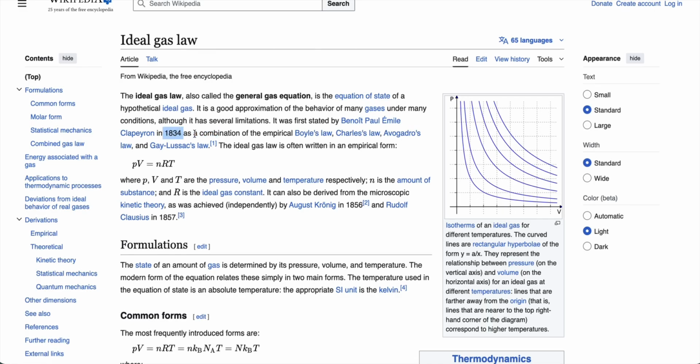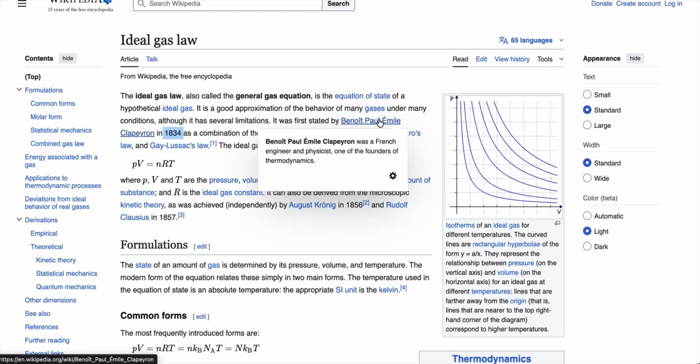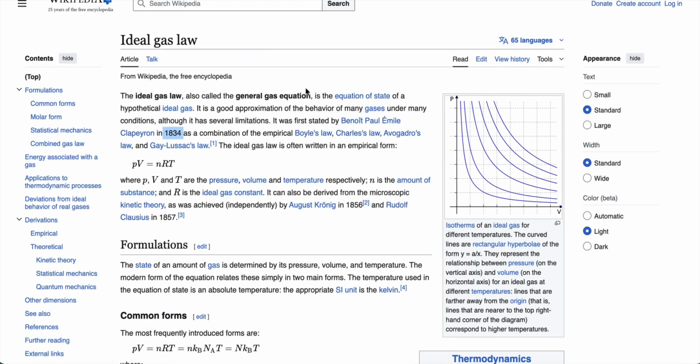It was first stated by Benoit Paul Émile Clapeyron, I guess. This is a French name. It's a combination of the empirical Boyle's law, Charles' law, Avogadro's law, and Gay-Lussac. Okay, all right. So 200 years ago.